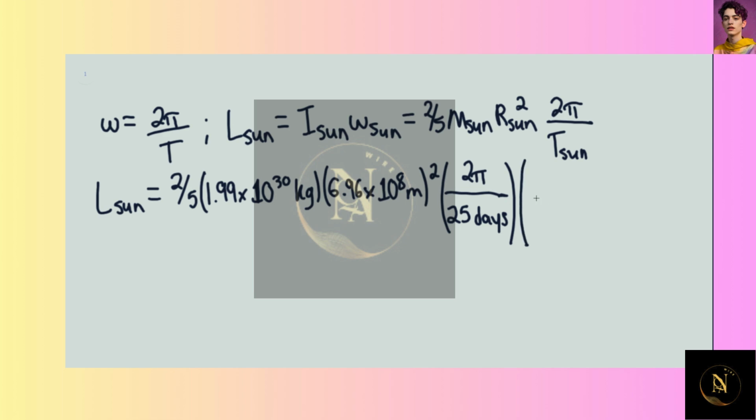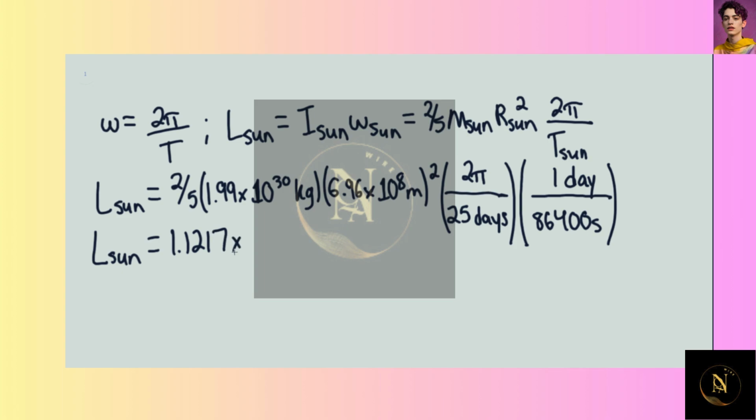And then we're going to multiply this by 1 day for every 86,400 seconds. And we find that the angular momentum of the sun is equaling 1.1217 times 10 to the 42nd, my apologies, kilograms meters per second.